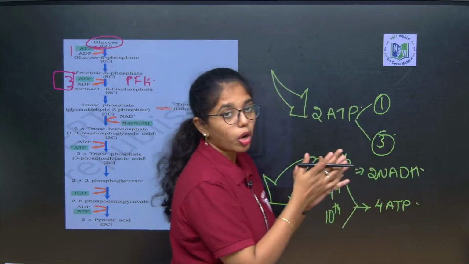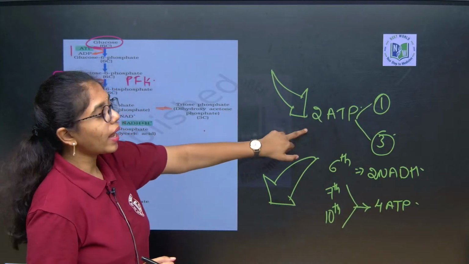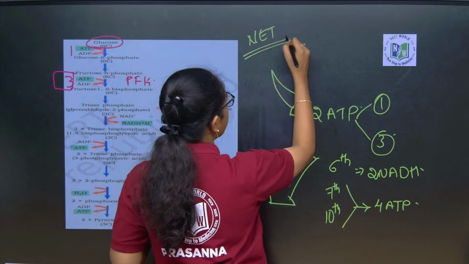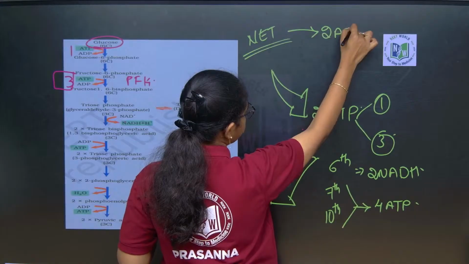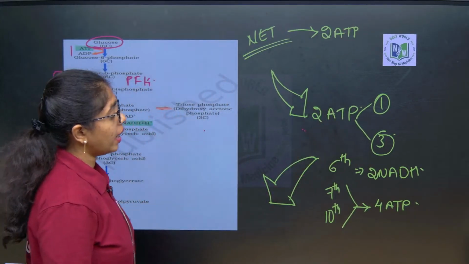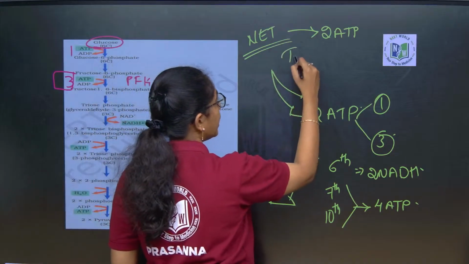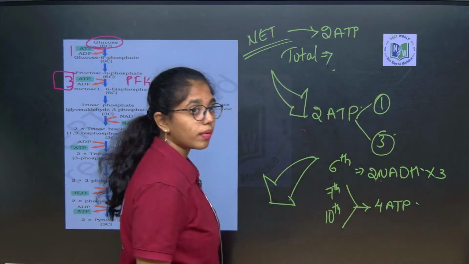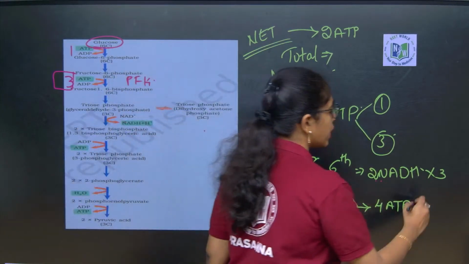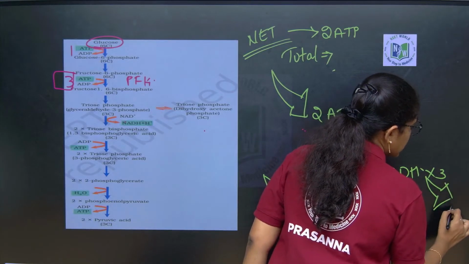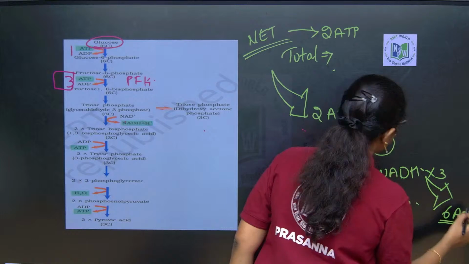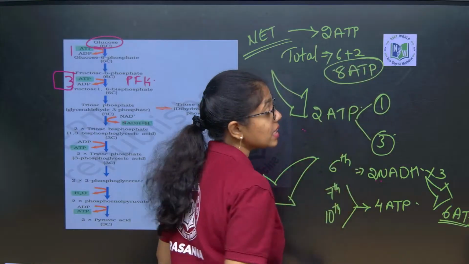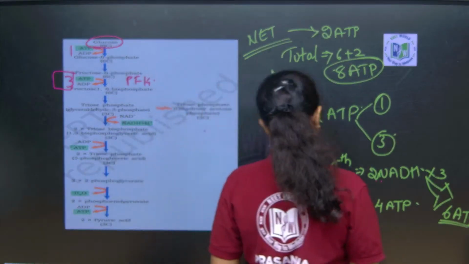From these 4 ATP molecules, 2 are being taken, so the net ATP in the energetics of glycolysis is 2 ATP. 1 NADH is equal to 3 ATP, so 2 NADH into 3 is 6 ATP. 6 ATP plus 2 ATP is 8 ATP, so the total energy is 8 ATP molecules.